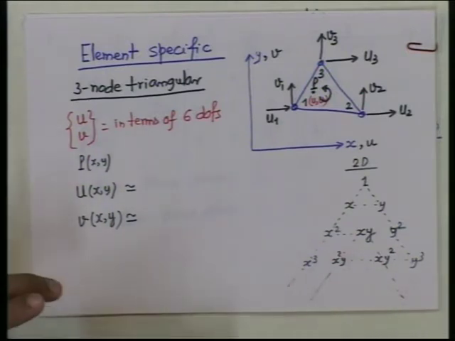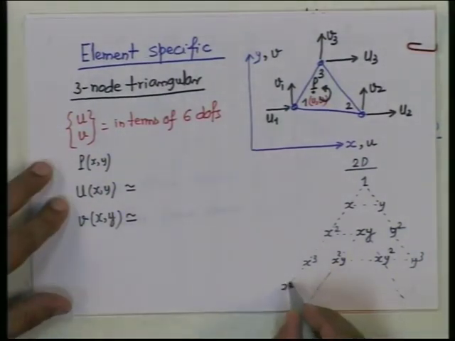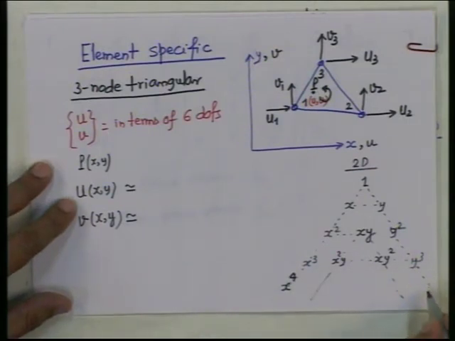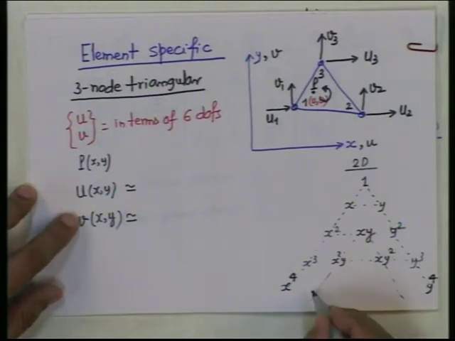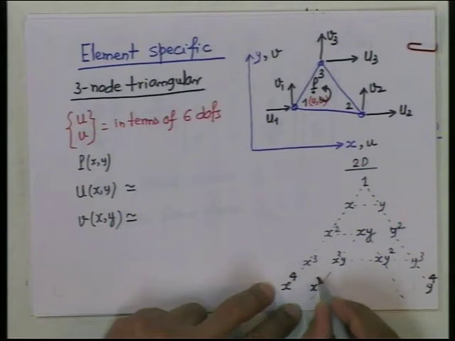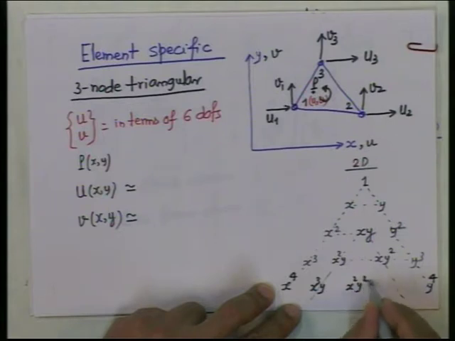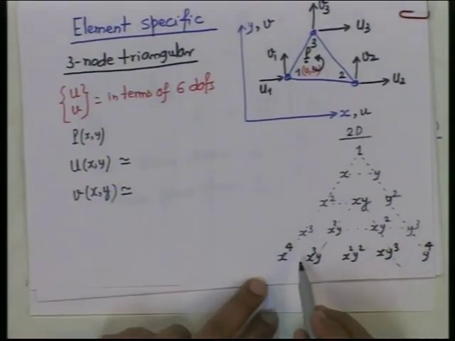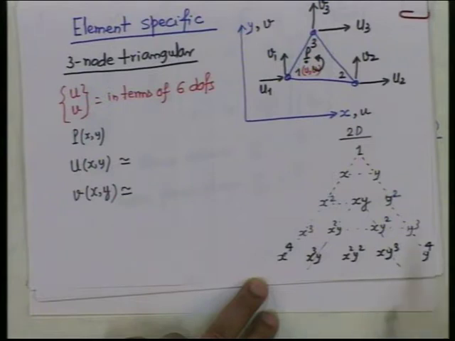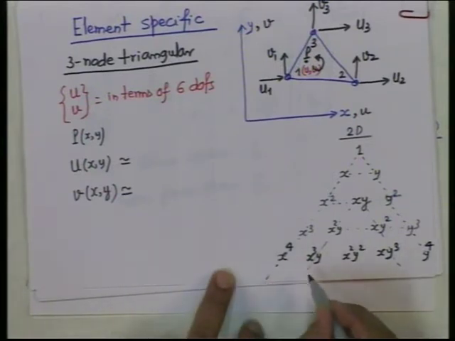Then the next terms are fourth degree: x 4, y 4, x cube y, x square y square, x y cube. So a fourth degree quartic polynomial in 2 dimensions will have x 4, x cube y, x square y square, x y cube, y 4. Like this we can go on creating this.